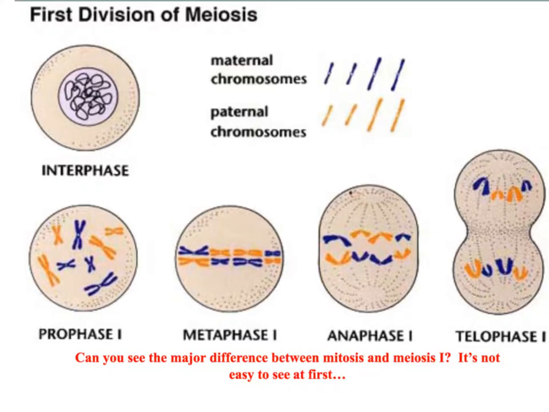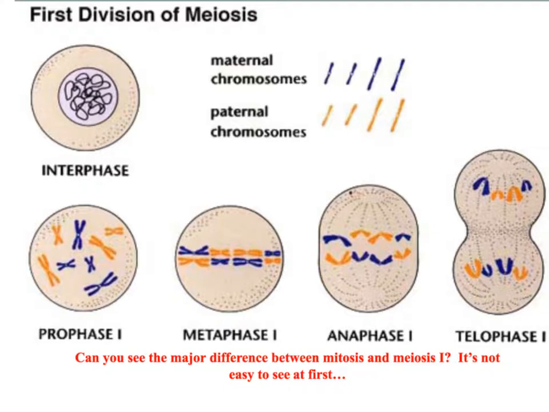So blue would be your mom's, and then orange would be, let's say, the chromosome you got from your dad. They line up next to each other, and then in anaphase 1, the homologous chromosomes themselves are going to split apart. So the stages are similar. The difference is that in anaphase 1, the homologous chromosomes are going to separate.